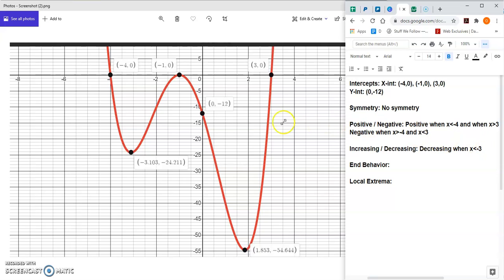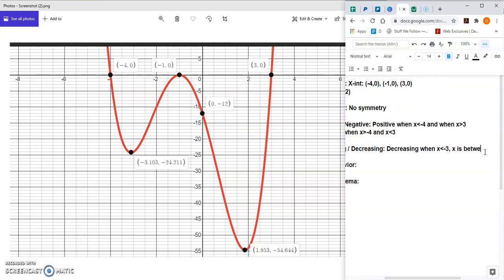We can do a little estimating here, we don't need all the decimals. This part is increasing, but then it decreases again when x is -1 all the way to when x is about 1.8. So we'll say x is between -1 and 1.8.